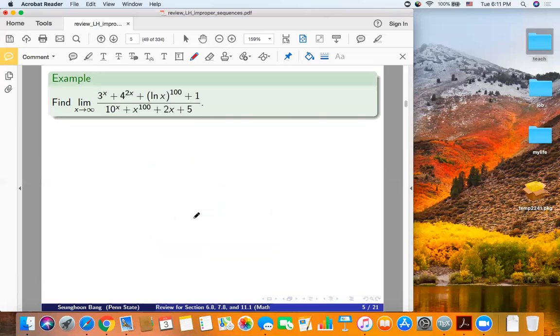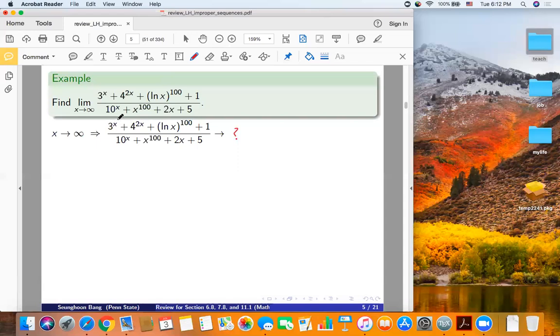The next example. X value approaching infinity. So what happens? What is it? This one: infinity over infinity. Is it right? Yes.